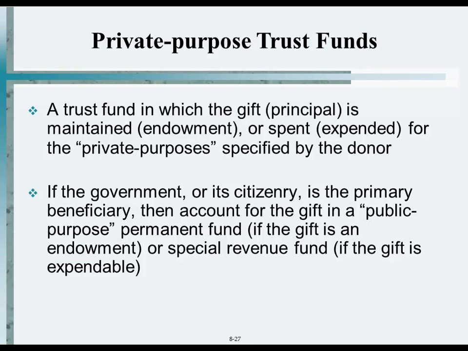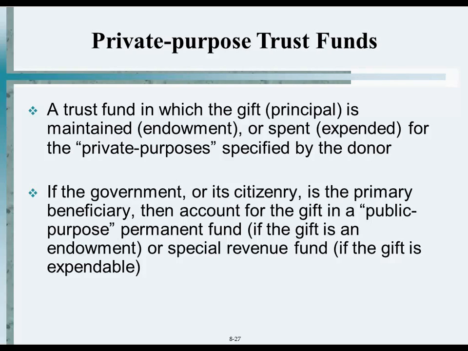Now let's go to private purpose. So you've got somebody who gives you $100,000 and says, you know what, this $100,000 I'm giving to the town, but it's to be used only for the children of firemen and policemen who live in this town or who have died. That's it.